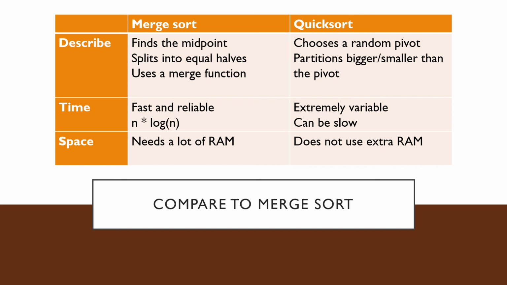The merge sort is the faster and more reliable of the two, regularly coming in at n times log n operations, whereas quicksort varies a great deal, and on rare and unlucky occasions it can slow right down. On the other hand, merge sort does require additional RAM, whereas quicksort does not. So that's how I would compare the two.